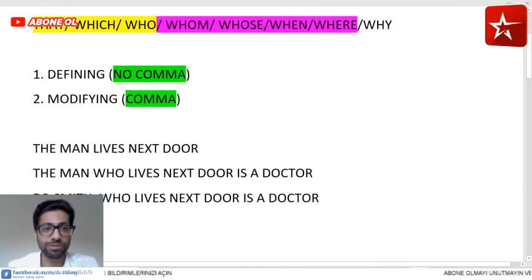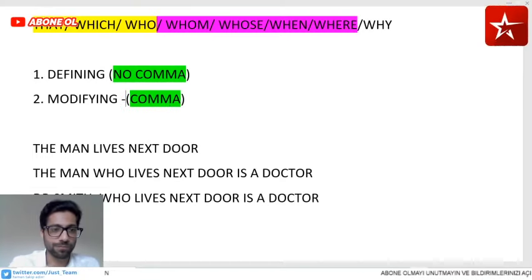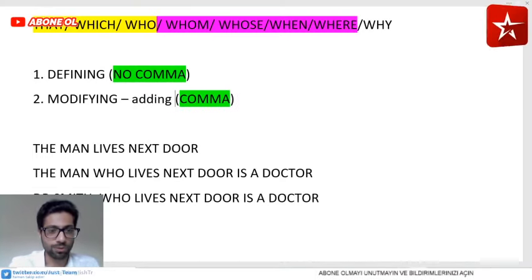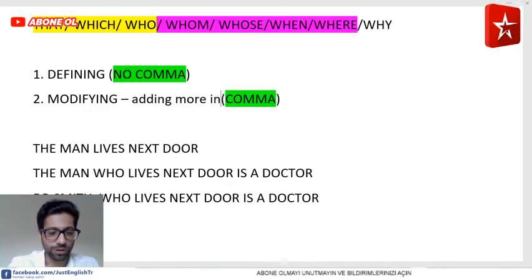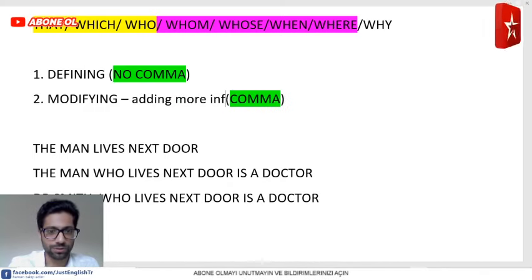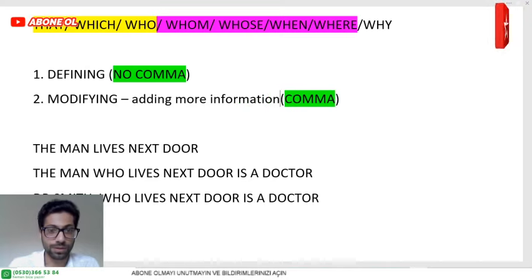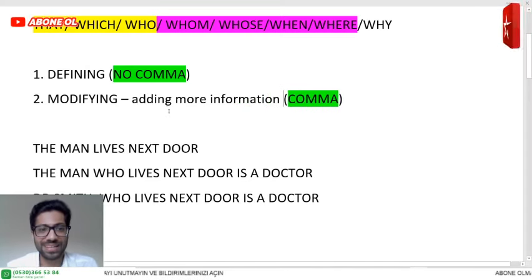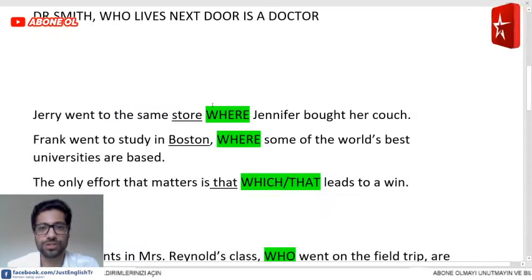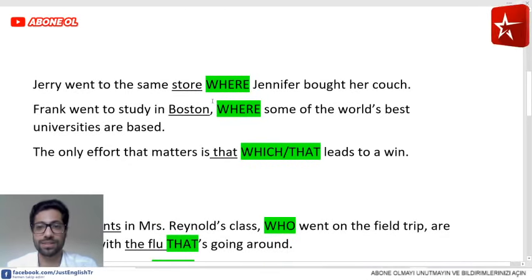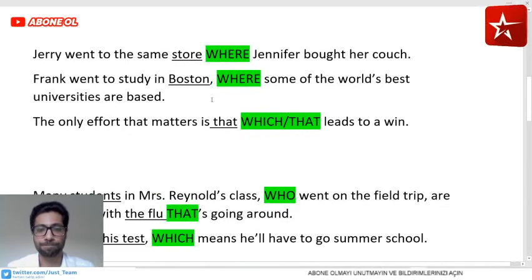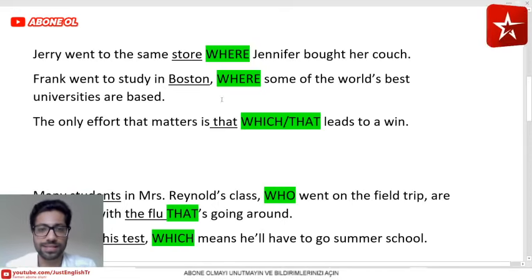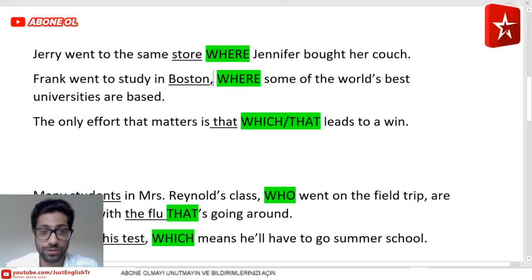So remember, modifying, maybe it's confusing for you. I'll write simple words: adding more information. So modifying is adding more information to the structure, basically, the relative clause or the adjective clause sentence. So here is the comma.